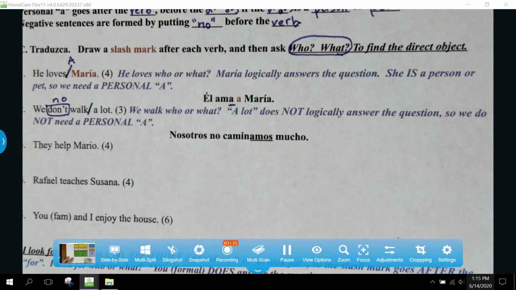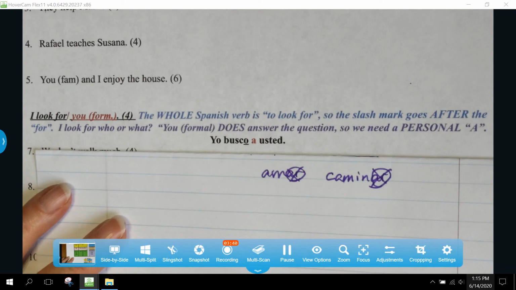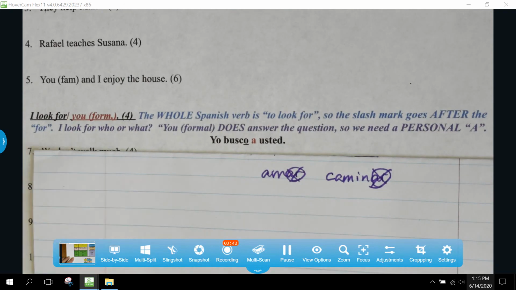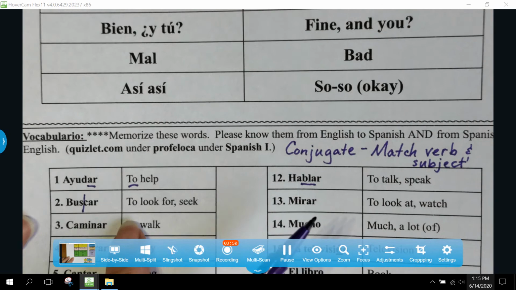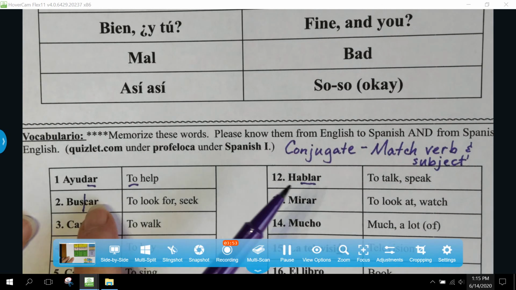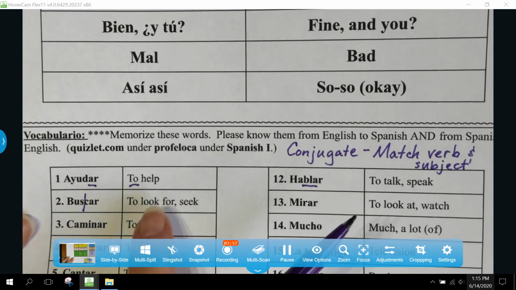There's a little trick to this, though, if you look down at number 6. Number 6, you have I look for you. If you look back at your vocab list, your word is to look for, buscar. So buscar includes the word for.